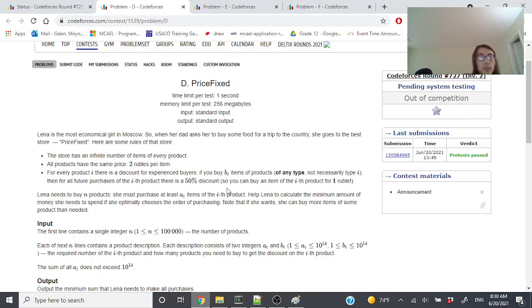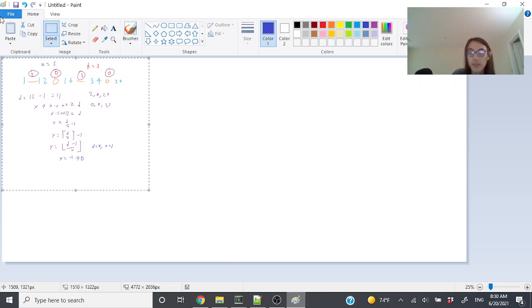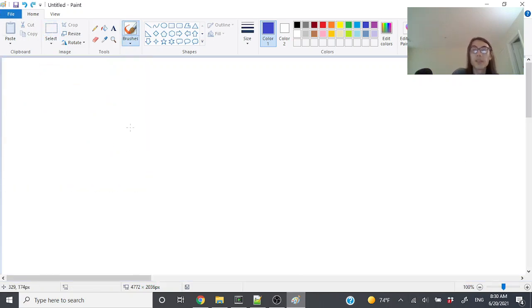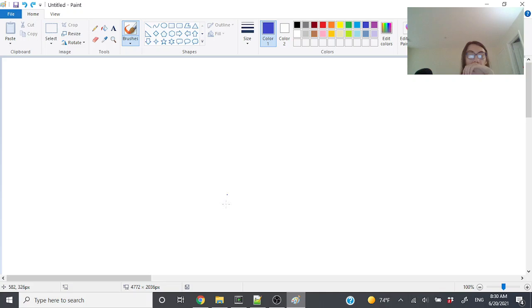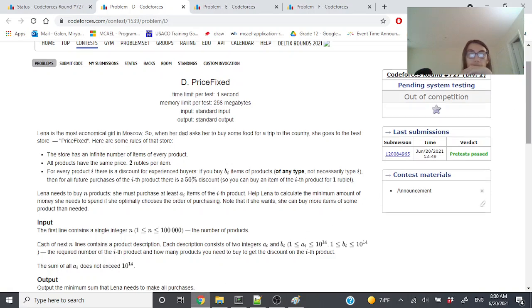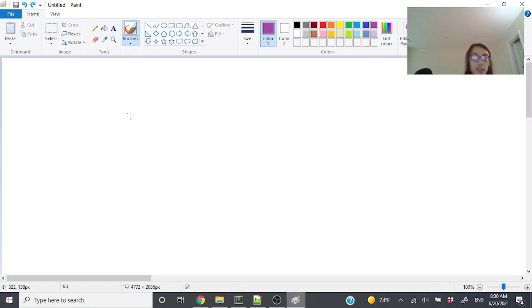Okay, for D, I don't really have a good proof for this, so I'm sorry that I'm not smart enough to prove things right now, but essentially for D, we have a bunch of items. Each item has some requirement for what you need to do with it.